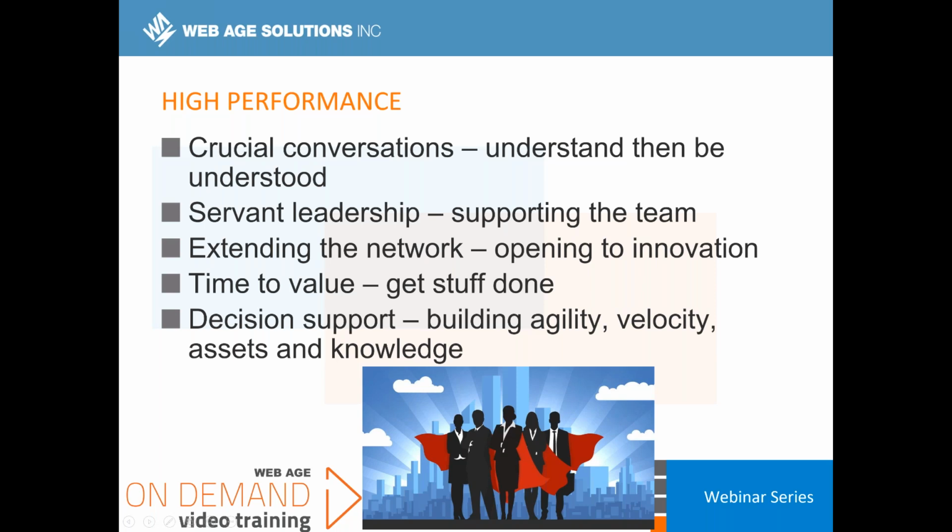The pieces that we want to focus on here are crucial conversations, servant leadership as a concept, extending the network as a concept, the process on time to value, and then decision support, meaning agility, building agility, velocity, assets, and knowledge.